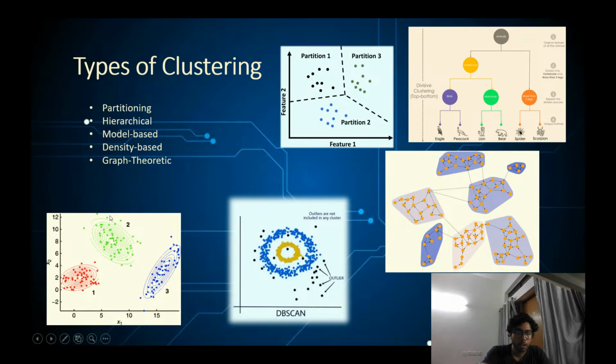So another is the model-based one. We will use a Gaussian model. In this case, based on the data points that you are given, you try to fit some model to your data, right?